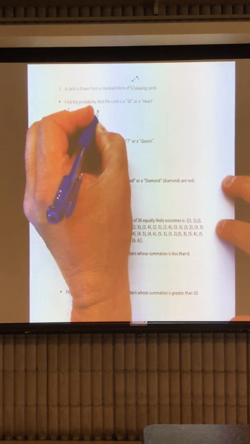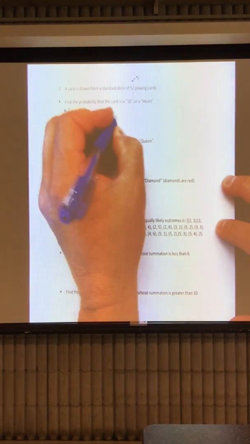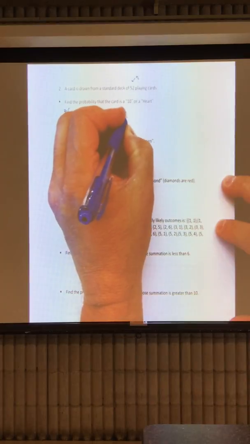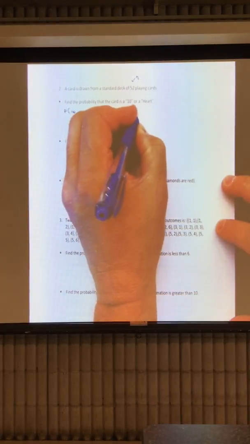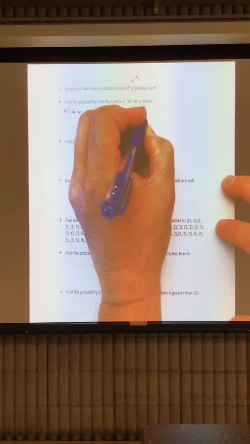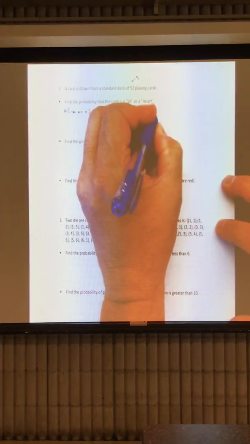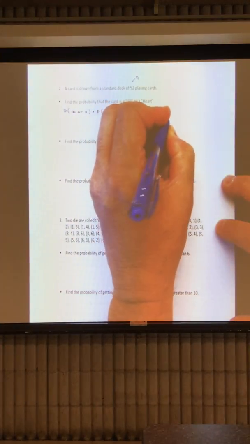This is the same as the probability to have a 10 plus the probability to have a heart minus the probability to have a 10 and heart.